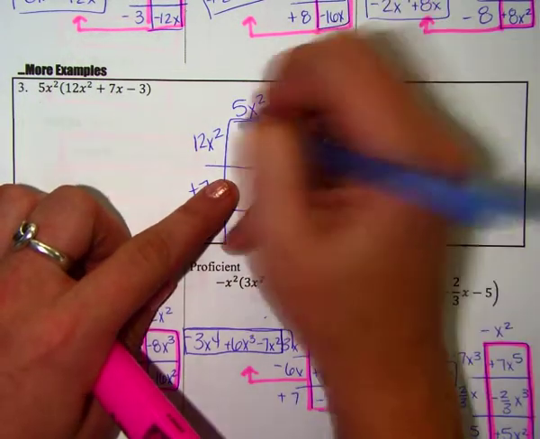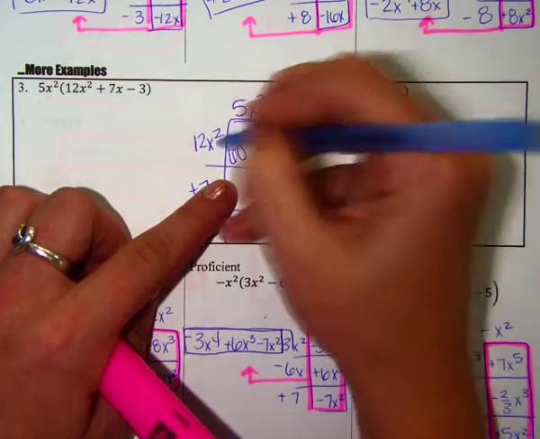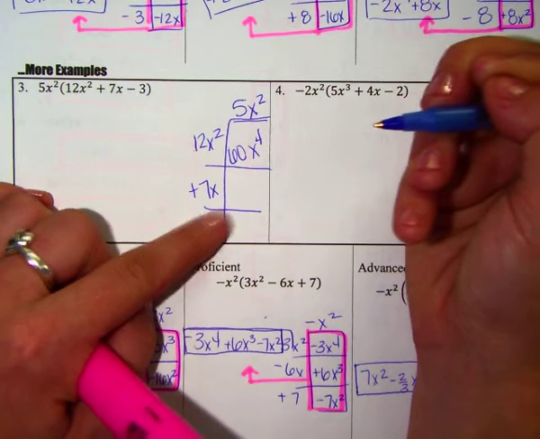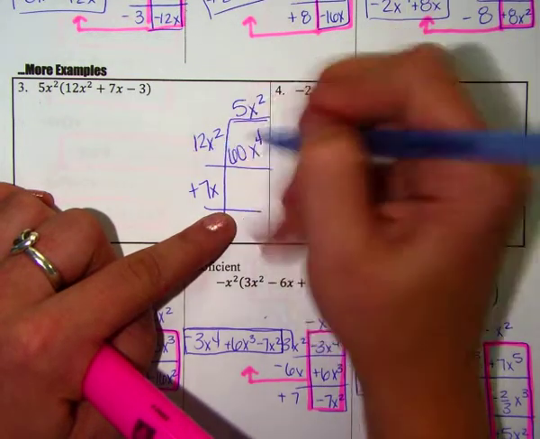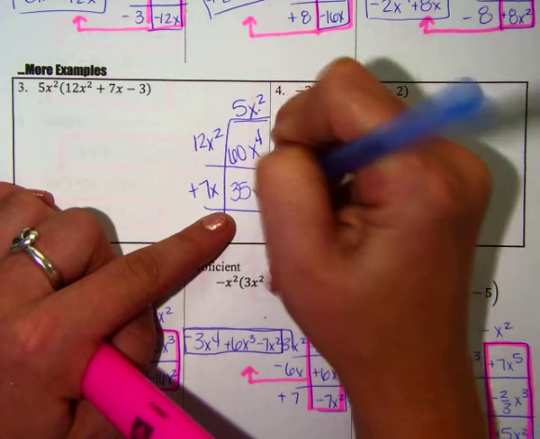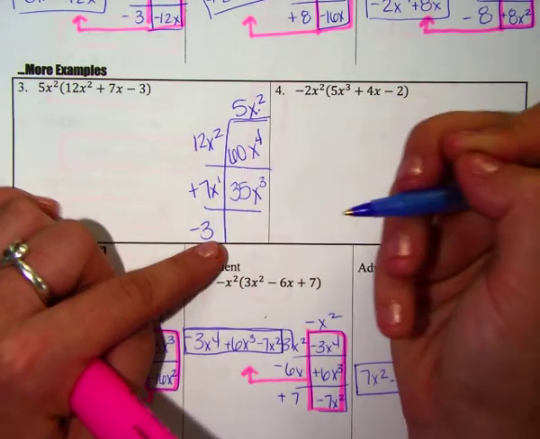The area of this box is 5 times 12, which is 60. X squared times x squared, which is x to the 4th. The area of this box is 5 times 7, which is 35. X squared times x, which is x to the 3rd. You add exponents, remember that.